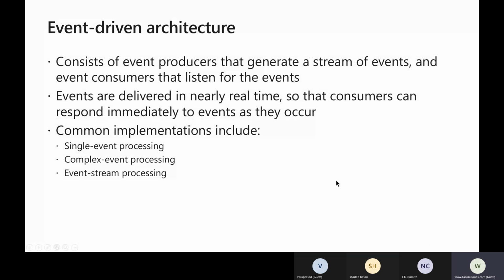Here you have the event-driven architecture. So basically, what is event-driven architecture? If you talk about the publish and subscribe methodology, when your event is published, we just saw that we have a publisher, one subscriber, and in between your event grid is working.